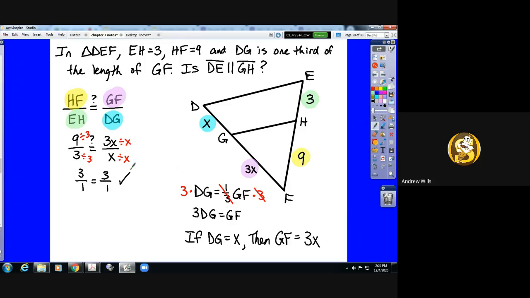So since the proportion checks out, since the ratios are equal, our answer would be yes, DE is parallel to GH. If those ratios were not equal, then the answer would be no. Okay, that's all there is to it, folks. That is the first half of lesson 7-4.